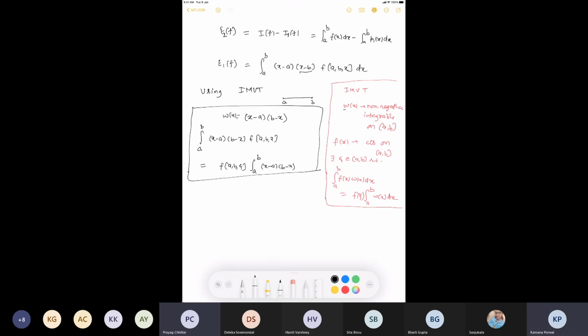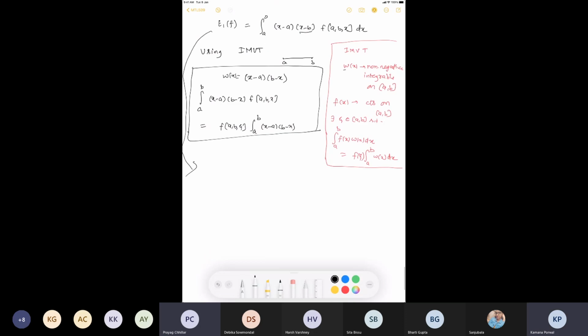If you do that, what I will get for E1f is minus the integral a to b of (x minus a)(b minus x) dx times f[a, b, xi], for some xi in the interval (a, b).